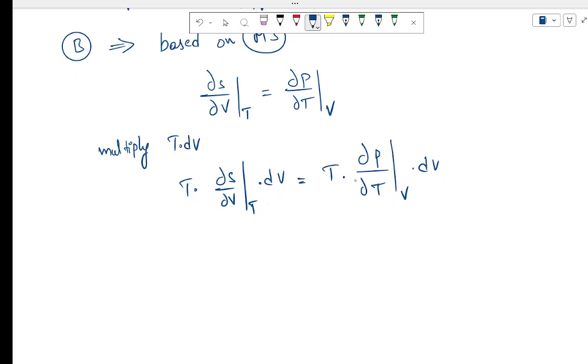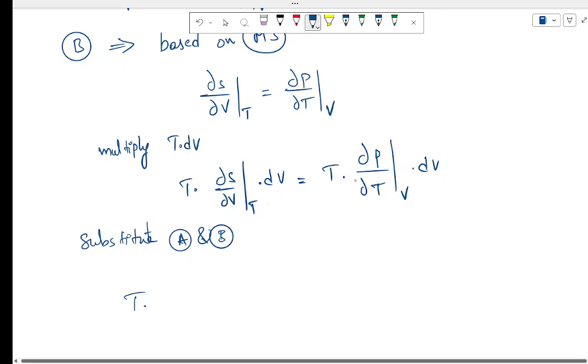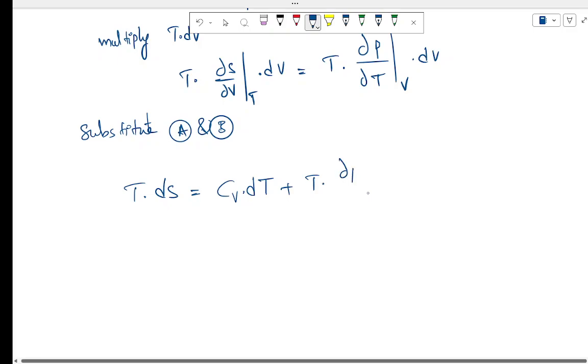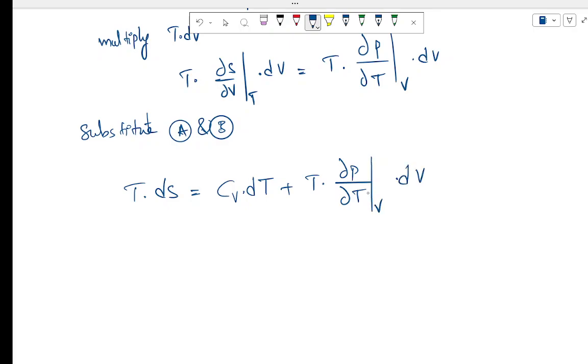So now if you substitute A and B in the TdS expression, your TdS expression will now take the form of Cv into dT plus T into ∂P by ∂T at constant volume into dV.